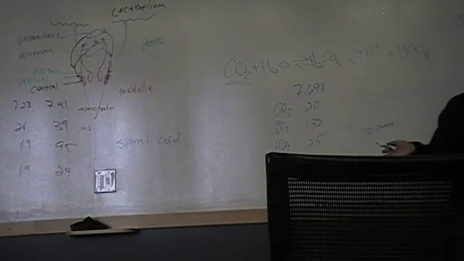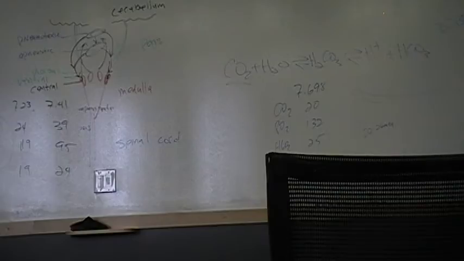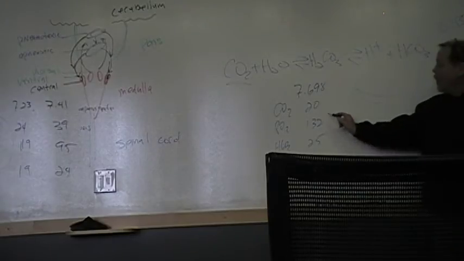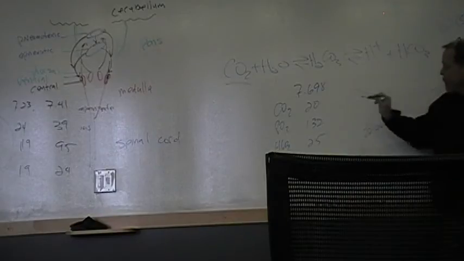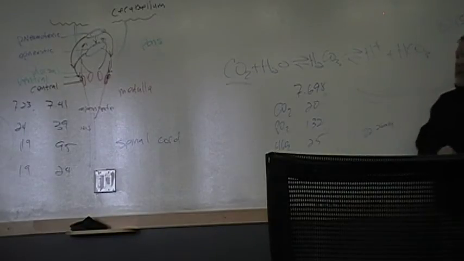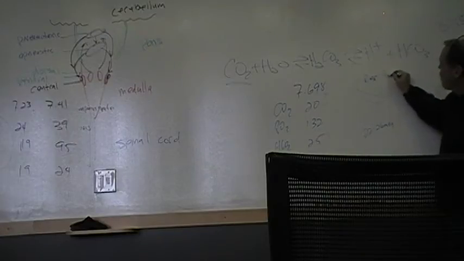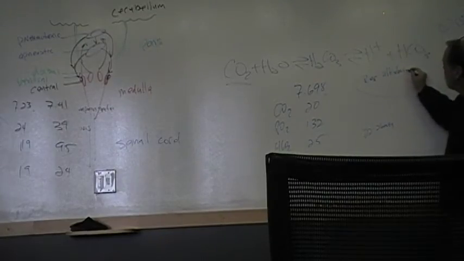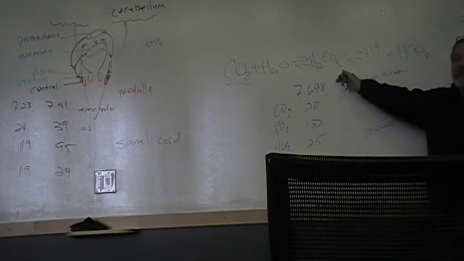And how long does it take the kidneys to compensate? 24 to 48 hours, a day or two, before it starts to retain or excrete bicarbonate. So what's causing that 7.7 pH? They're blowing off too much CO2. So this is a respiratory alkalosis, uncompensated. And how would we compensate for that alkalosis?